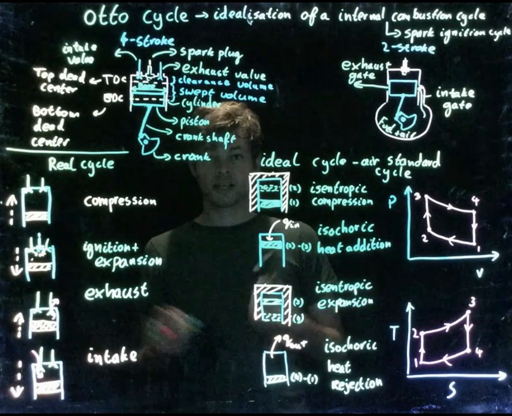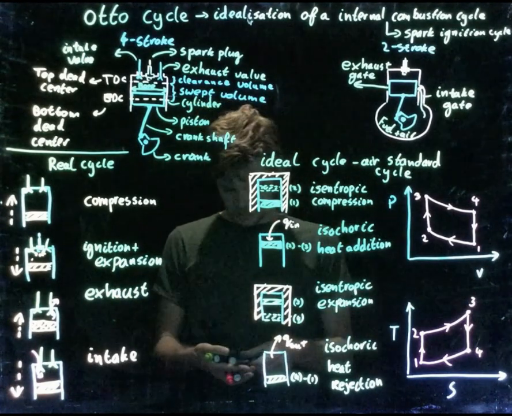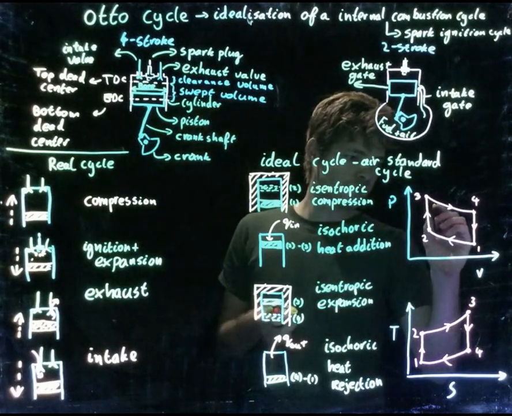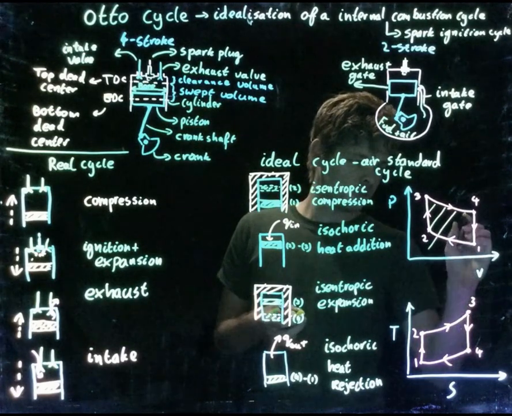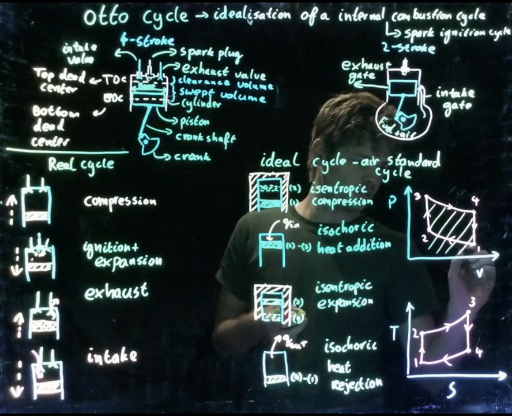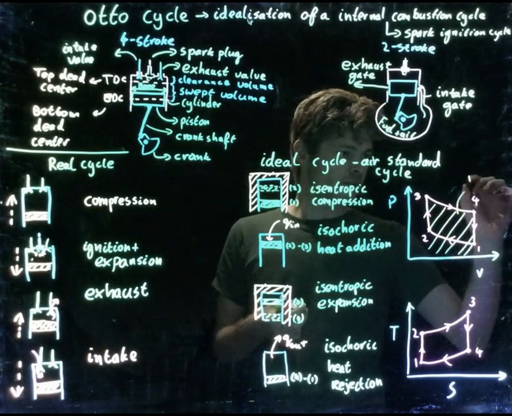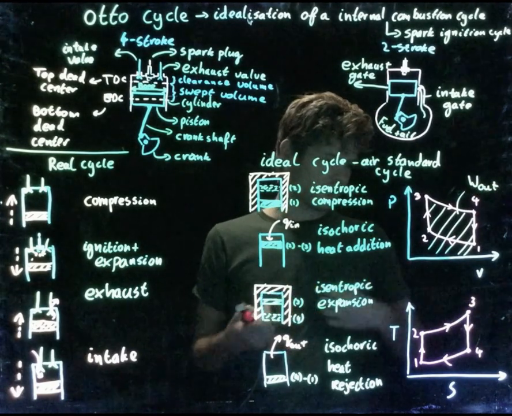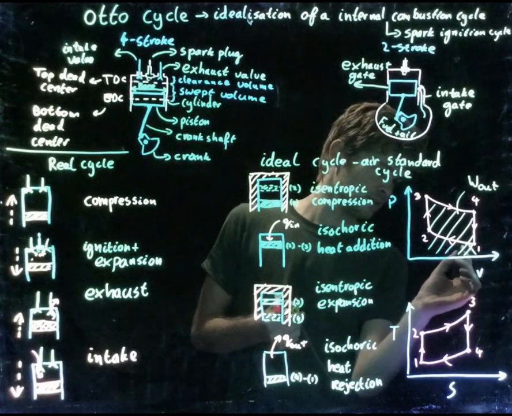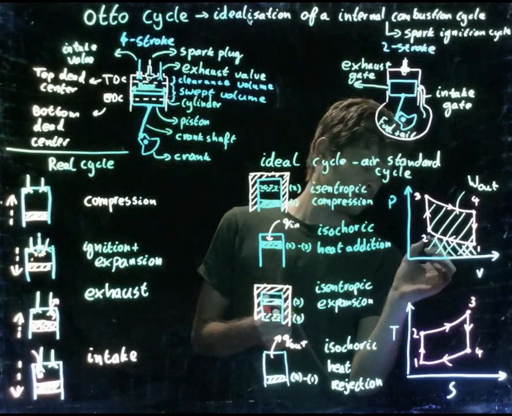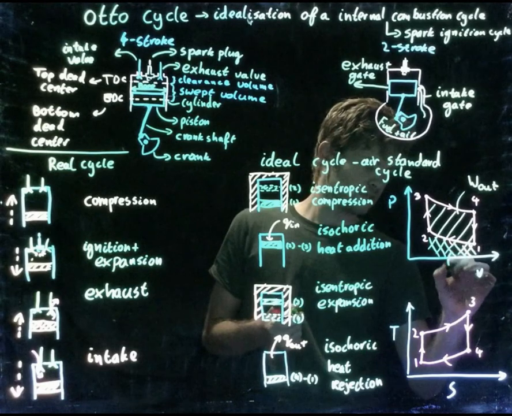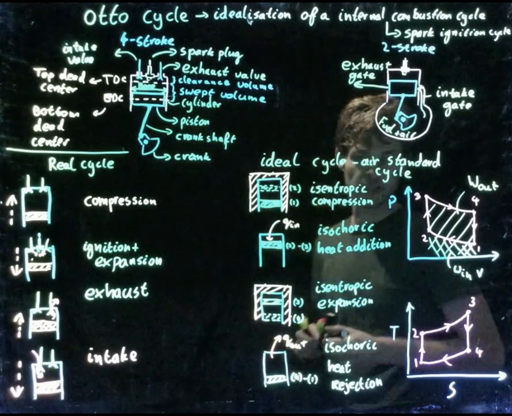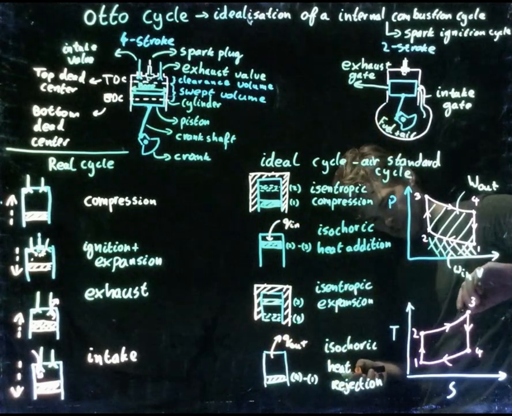Based on this cycle, we can calculate the amount of heat and work. From calculating this area under the PV diagram, we can calculate the work using this area. We can calculate the amount of work we need to put in, and something similar can be done in the TS diagram.